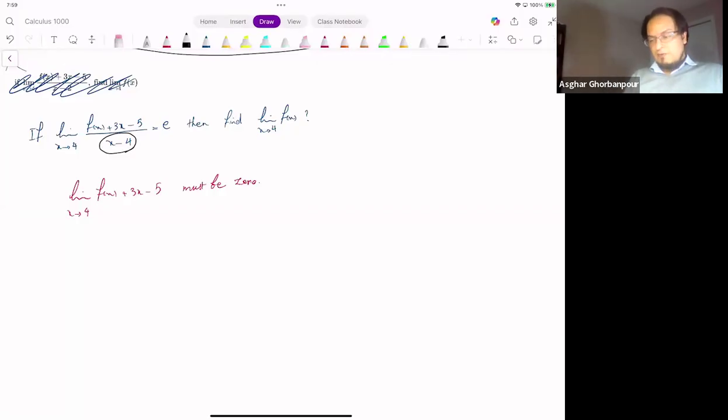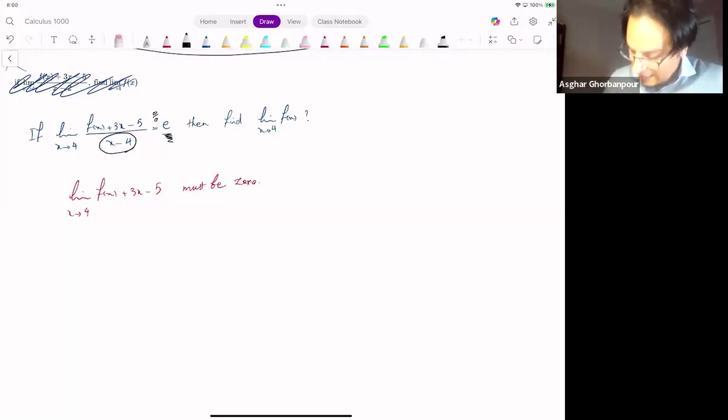If the limit of the numerator is a nonzero number, then this would have been an infinite limit, but this limit exists and it is equal to e. So that means we had a 0 over 0 case, and then we resolved it to get a value, not an infinite limit or a nonexistent one.